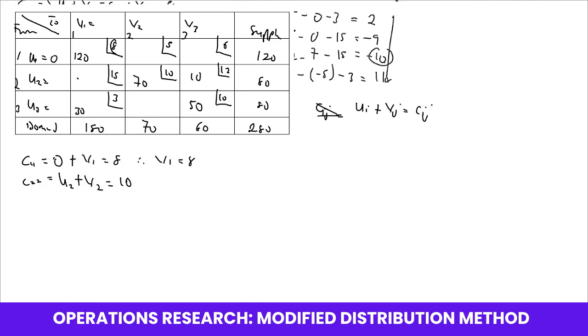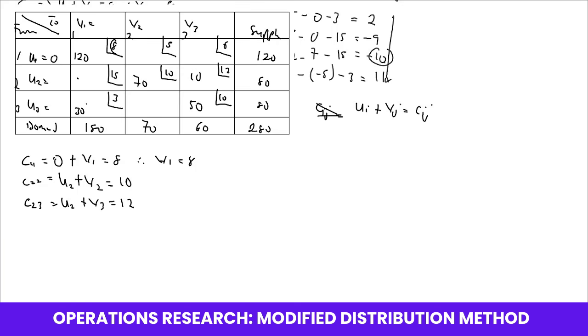So we can just write it like that and go ahead for the rest. By the time we finish, we get the values and then bring it back to get that of the other value. Let's move to the next allocated cell. The next allocated cell is C23. That one involves U2 plus V3, which is equal to 12. And that one too, we don't know any of the values, so we just leave it like that.